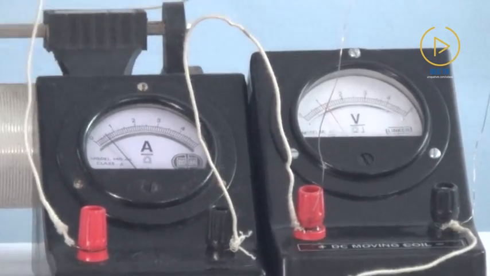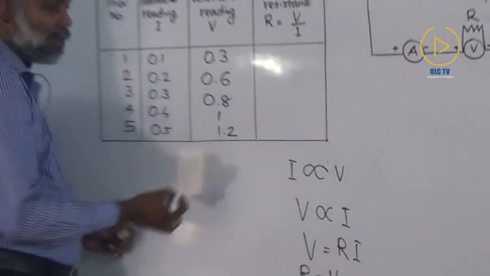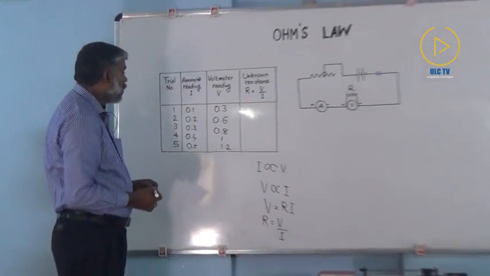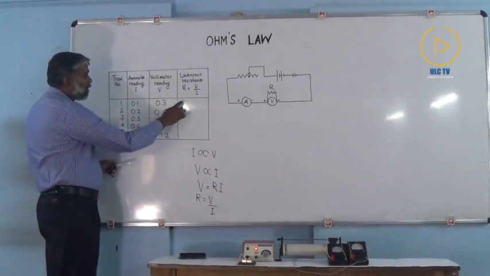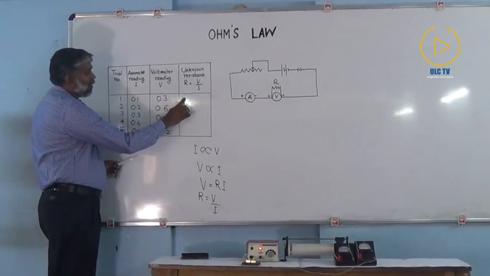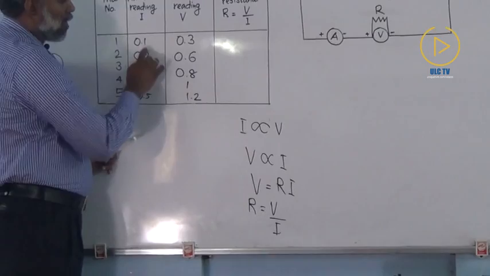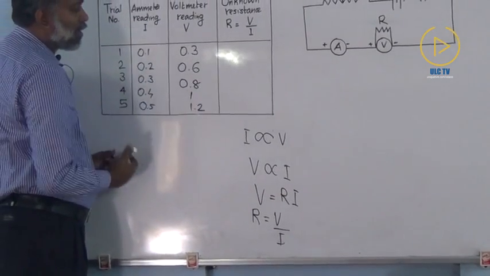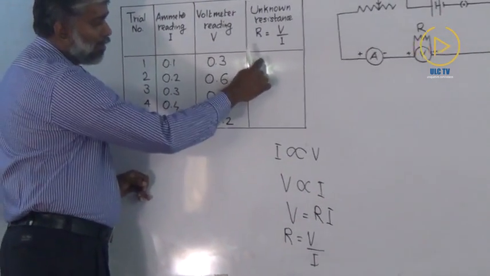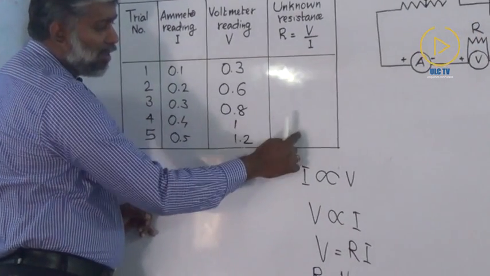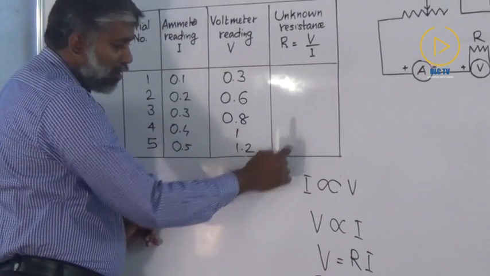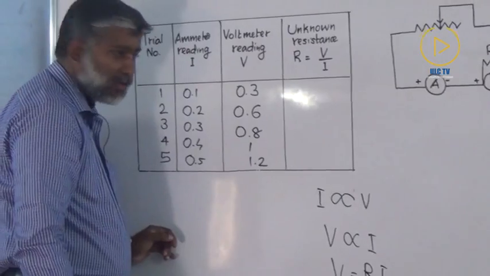Now it is 1.2. This way I am getting the values. Then I can calculate the resistance of the wire. V by I is the resistance, 0.3 by 0.1. So this way I can calculate the resistance of the wire. I will get 5 values. I take the average, then it will be the value of the unknown resistance.